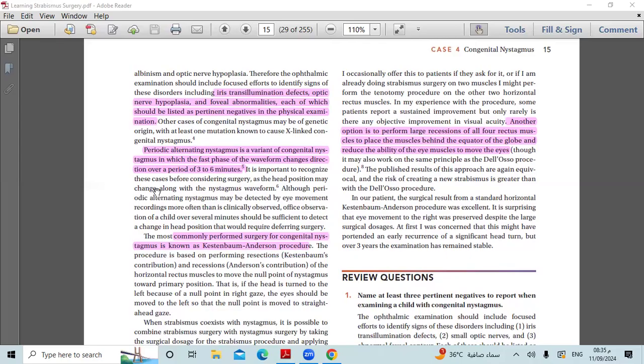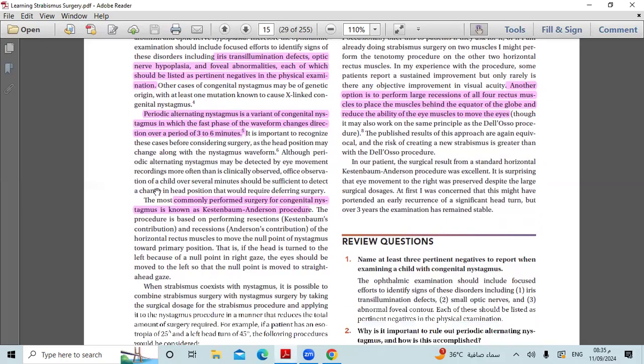After that, this patient shows a left beating nystagmus. This is a cycle of nystagmus. So here, I think no intervention can be done because there is no null point here. This is the first thing.